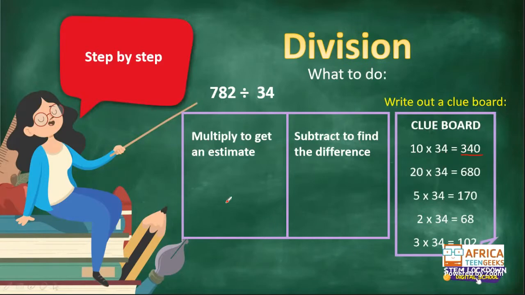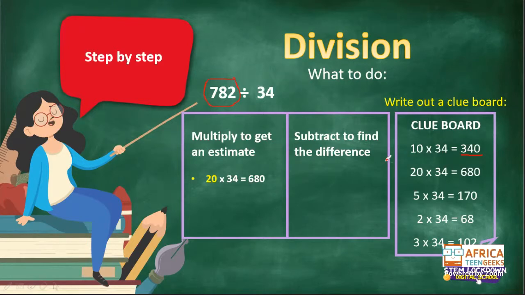So what's the first thing we do? We find the number in the clue board that is closest to this one. Who can tell me what it is? There we go, 680. So I write out that sum, 20 times 34 is 680. Then what's the next thing I do?